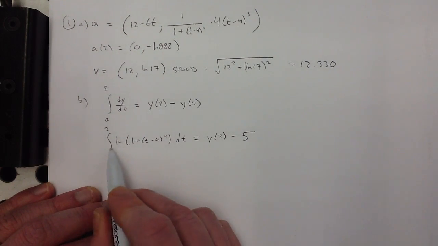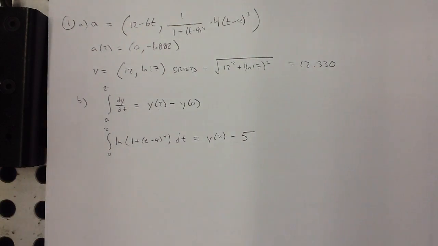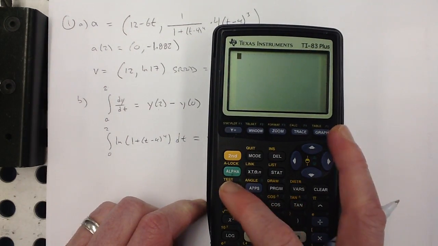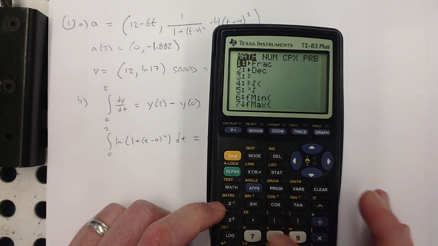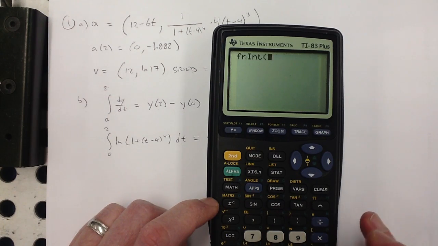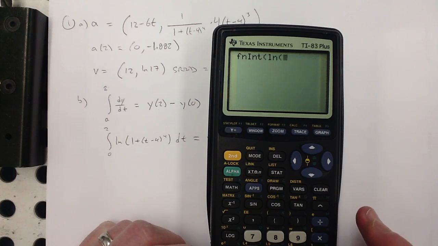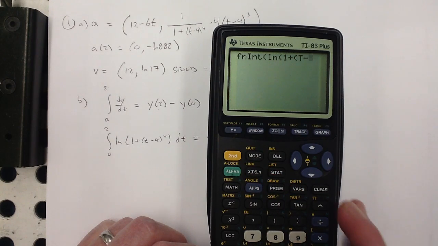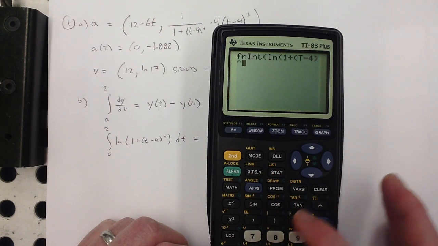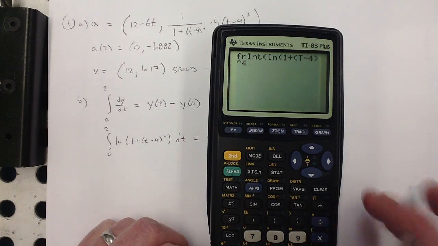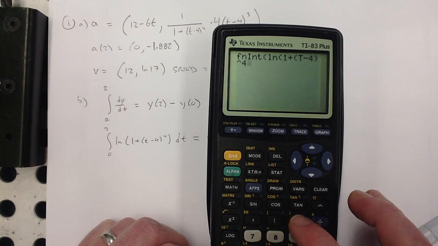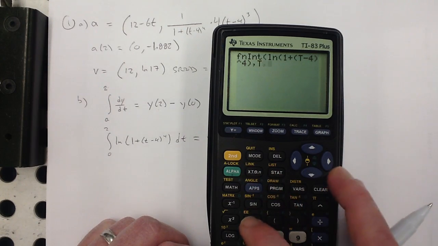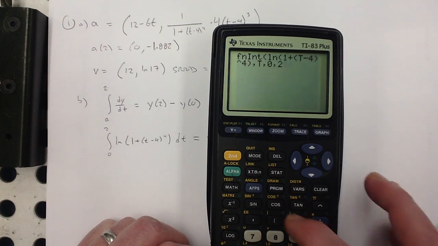So let's just figure out what this is, and then we have to add 5 to that, and then we should have our answer. So again, I'm going to do this with my calculator. So I want to do math 9, that's fnInt. I want to find the integral, natural log of 1 plus (t minus 4) to the 4th, and close, one more close there, I think that should be right, comma t, comma from 0 to 2.